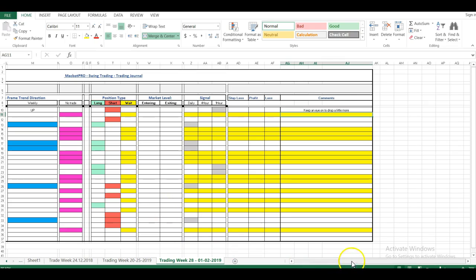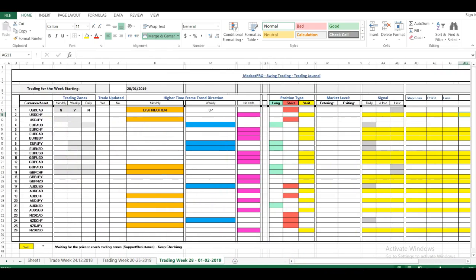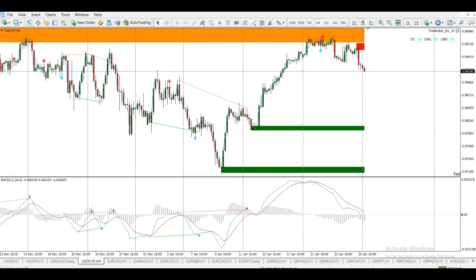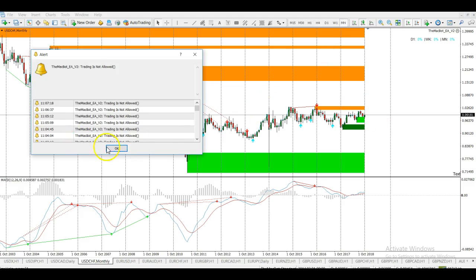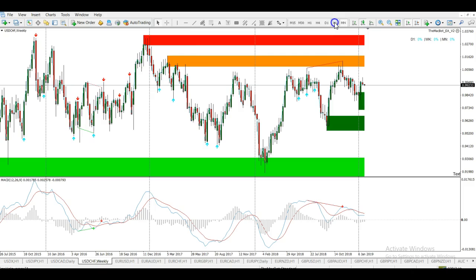Next one on the list we have USD Swiss franc. Okay, it's been dropping nicely. So it has. Monthly, no. Weekly, we're dropping from this weekly area here.